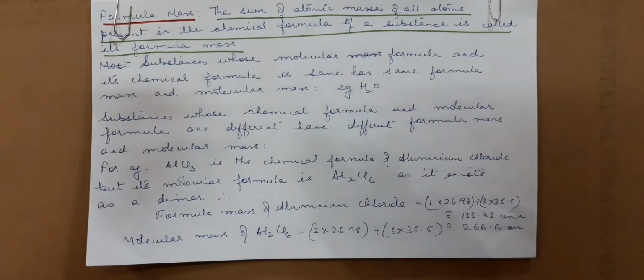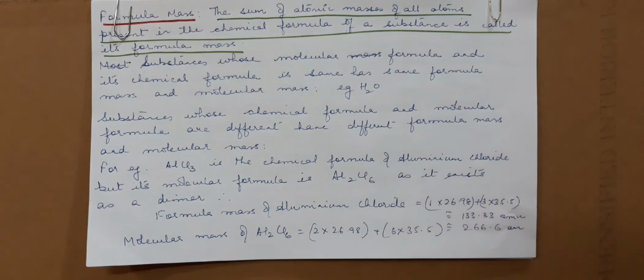Then the next thing that you have is, we have studied molecular mass. So 1 molecular mass is 1 mole, right? So 6.023 into 10 to the power 23 is 1 mole. That's just a number, this many number of units.